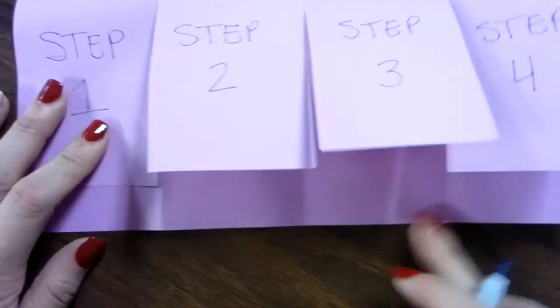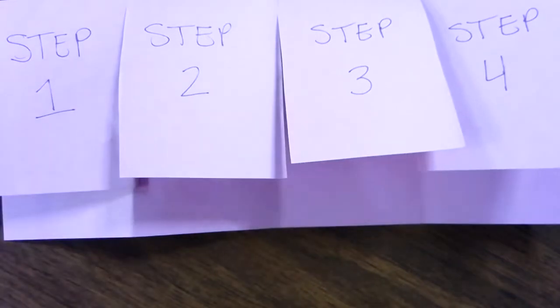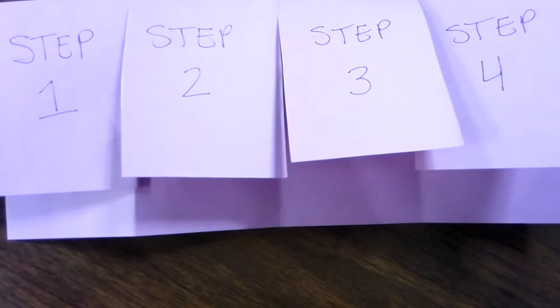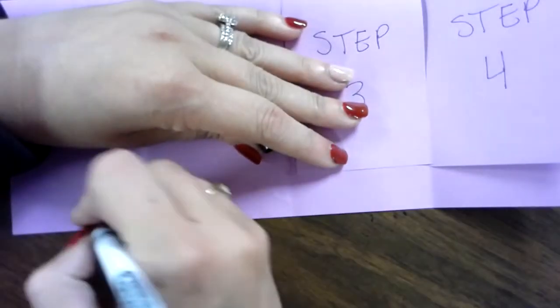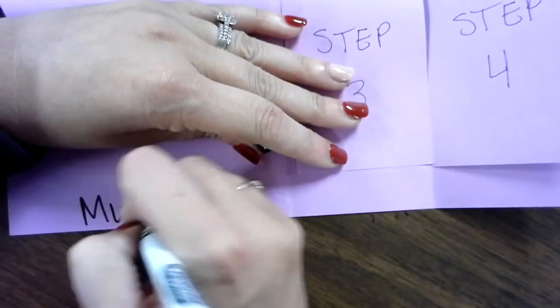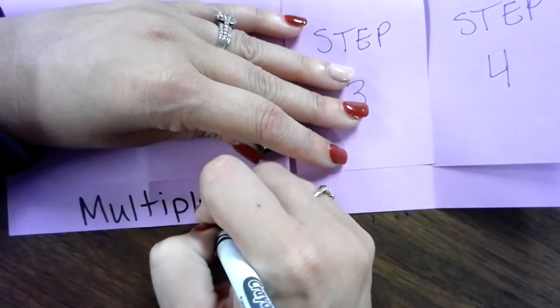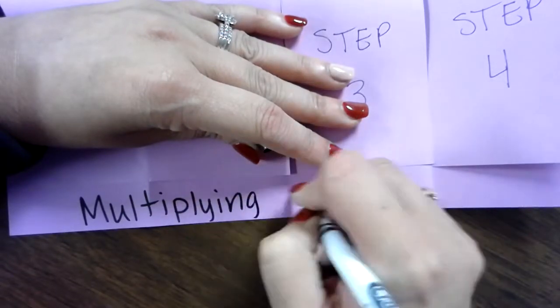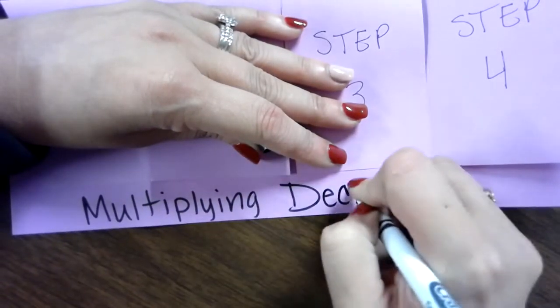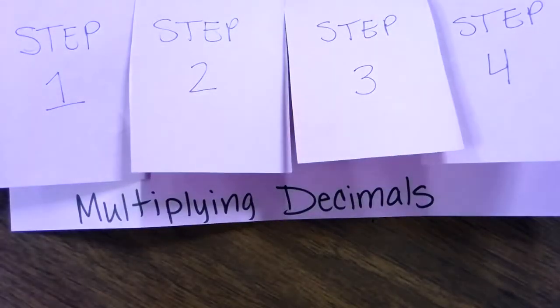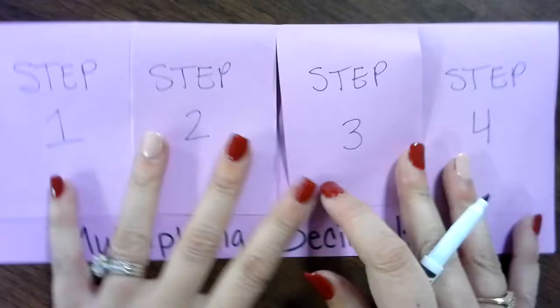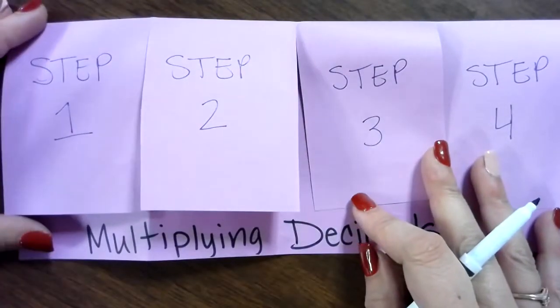On the bottom here, I would like you to write multiplying decimals. Multiplying decimals is going to go here. And we are going to go through all 4 steps of how we are going to multiply. Okay?